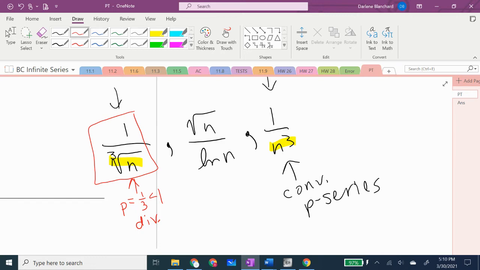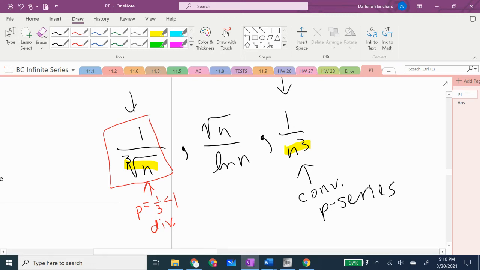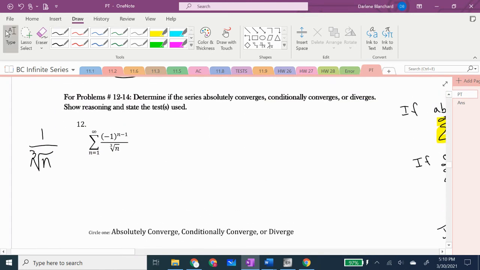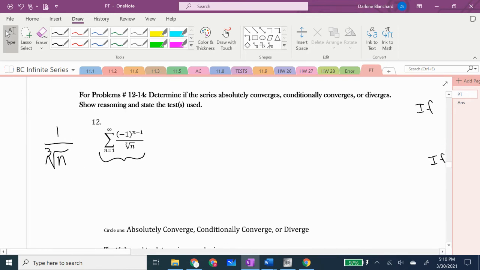I must do 2 tests because I am testing 2 different infinite series. I am testing this infinite series, and I am additionally testing the infinite series of 1 over cube root of n.